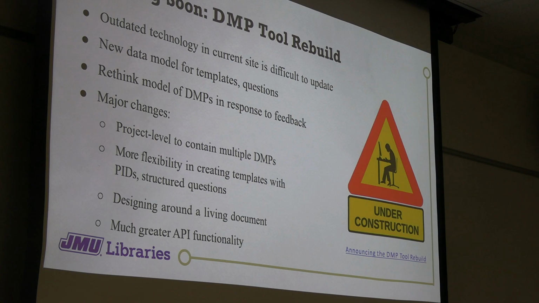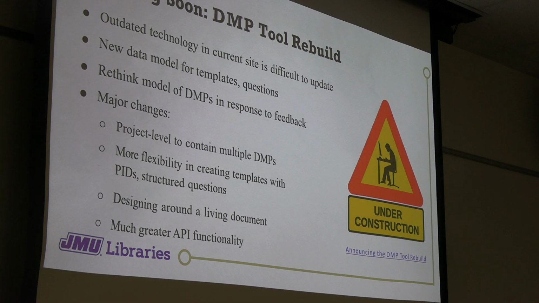Some of these big changes include moving from a single DMP per project to project level structures that can contain multiple DMPs so that you can manage any sub-projects or revisions more easily. Templates will have more flexibility, including support for persistent identifiers and structured questions that's going to help you with machine readability and interoperability.